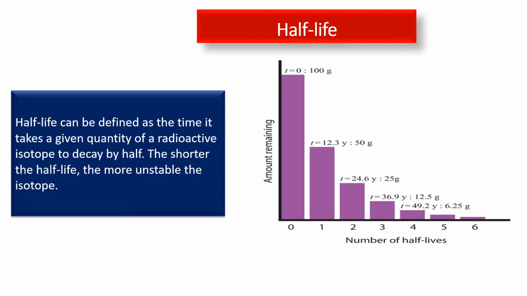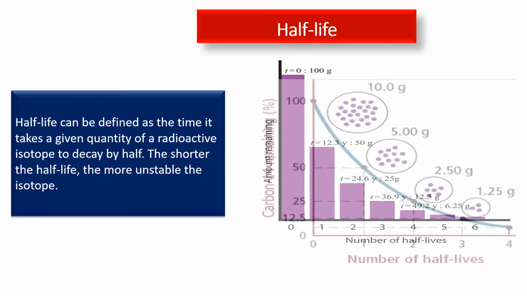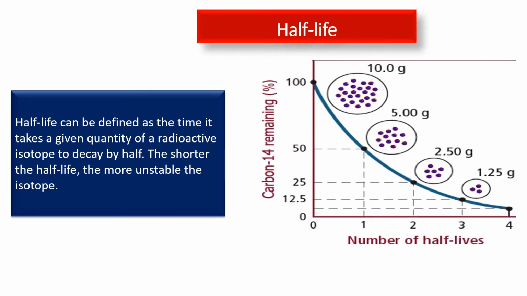So the time it takes this mass to decay by its half, and the mass left to decay by its half, is what is called half-life. Let us consider another graph here. If the mass of the element is 10 grams, the time it takes this mass to decay by half is the half-life.